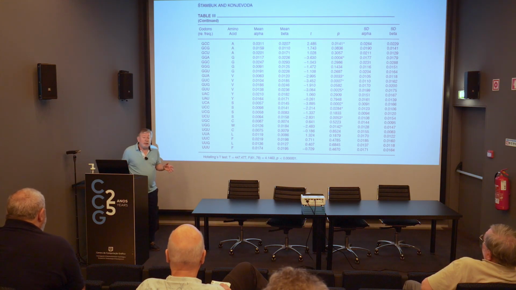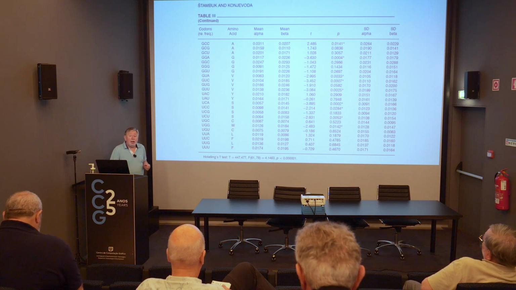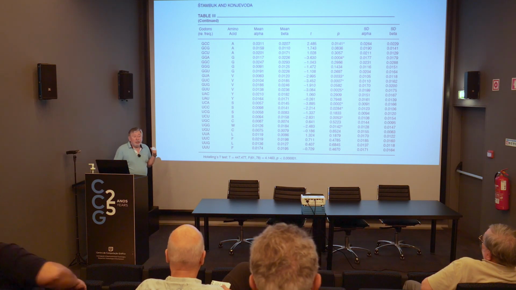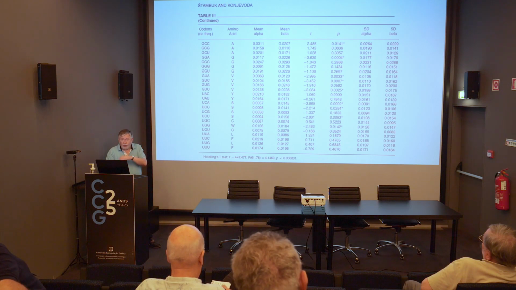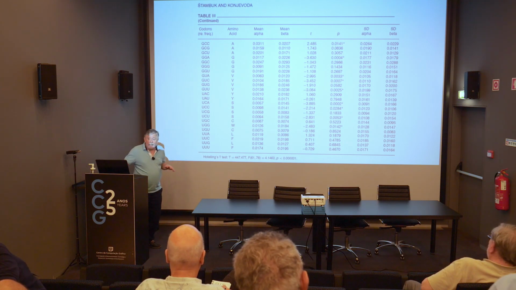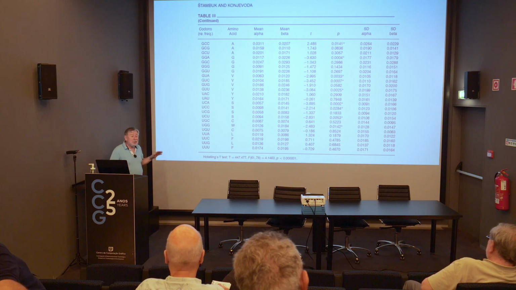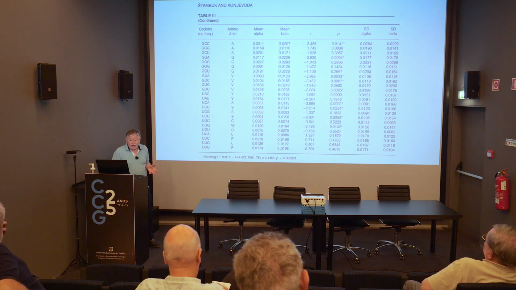So Barton did a good database, and we selected 140 alphas and 40 betas, which were reliable and non-homologous.